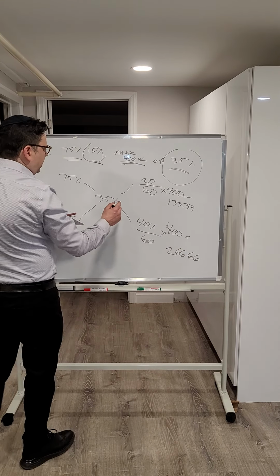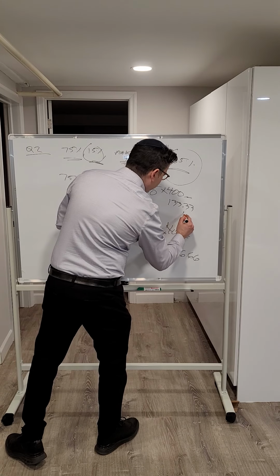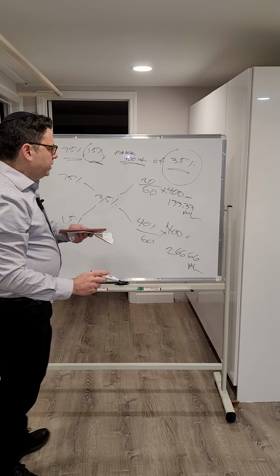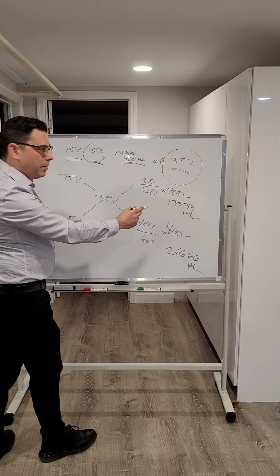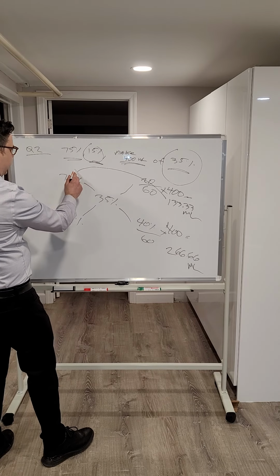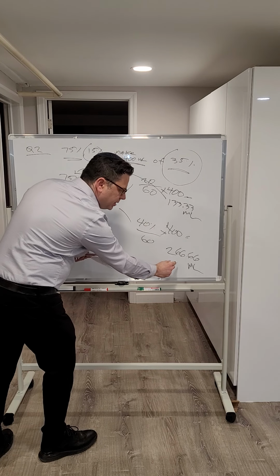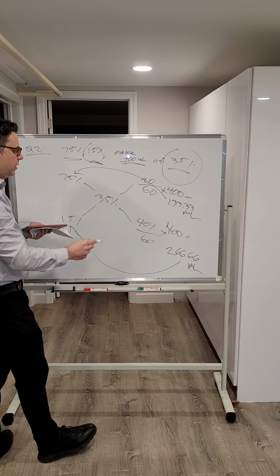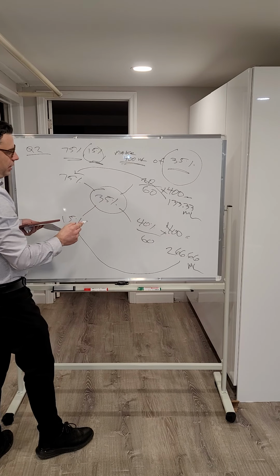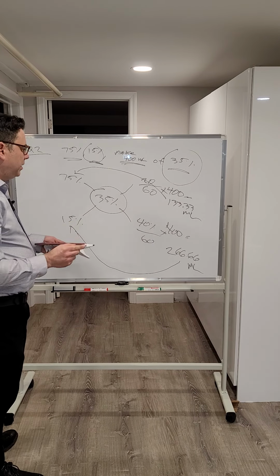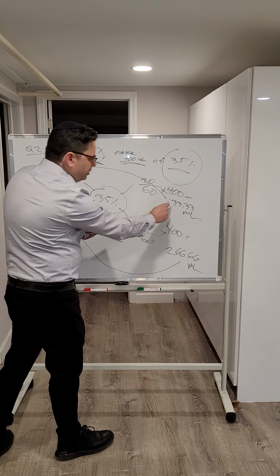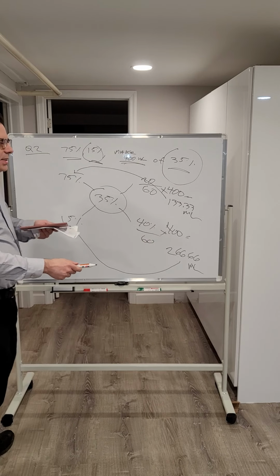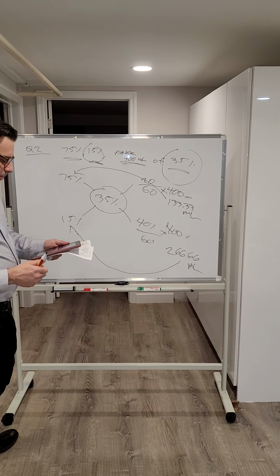This is milliliters. So we need 133.33 ml of the 75%, and we need 266.66 of the 15% to give us 35%. And that's going to give us 400 milliliters of 35%. And these two numbers always have to equal the total. So 133.33 and 266.66 has to equal 400.